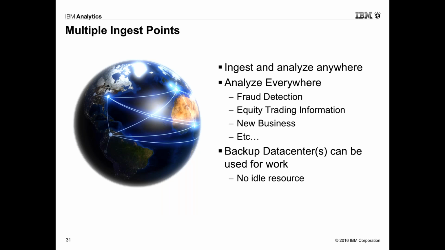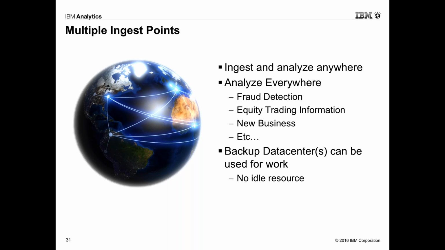Multiple ingest points is another big use case. Again, multinational companies have data centers across the globe, and each of these data centers may have a little different application running on them, whether that's fraud detection, equity trade, or something else.